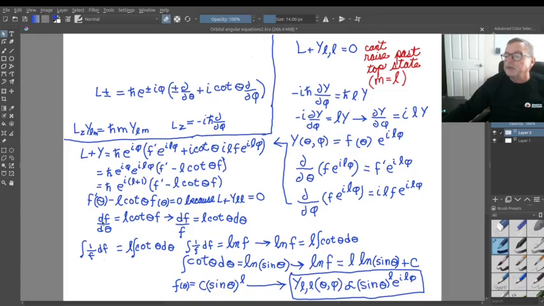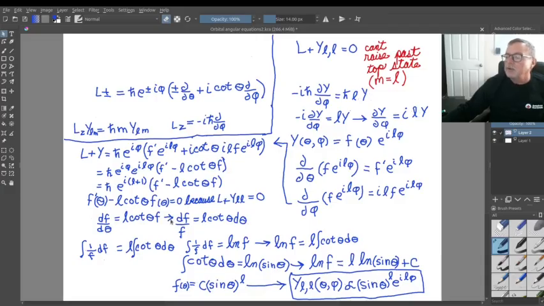The first derivative of f with respect to theta equals L cotangent theta f. Because this is a differential equation, I can work it around this way to say that df over f equals L cotangent theta d theta.